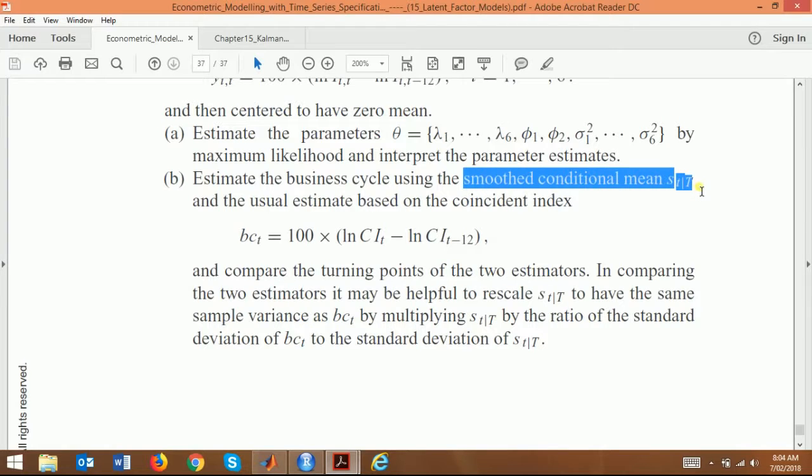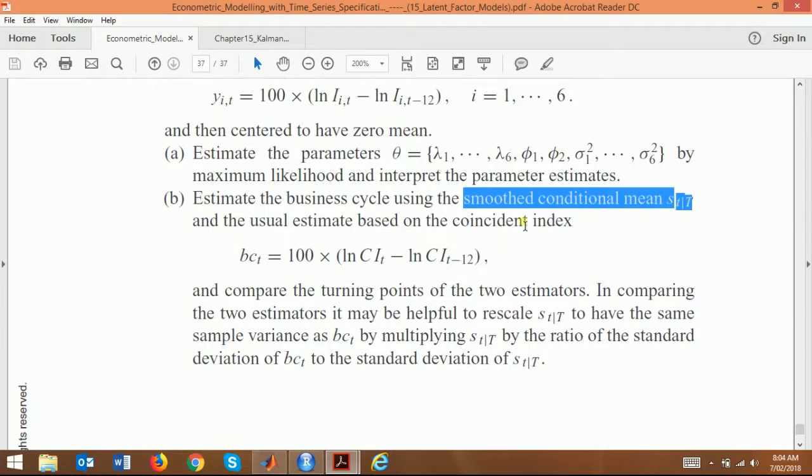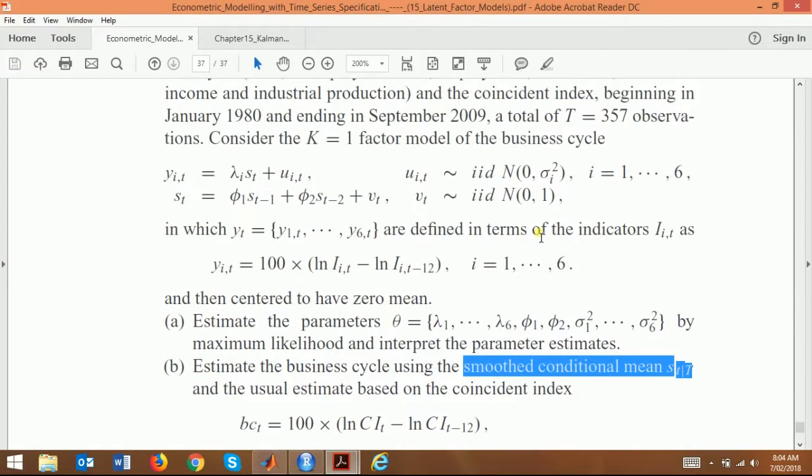So first we find the conditional mean based on the smoothed estimate, and the usual estimate based on the coincident index. What is the coincident index?